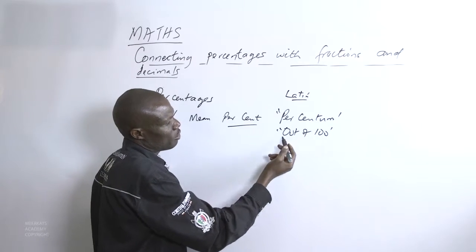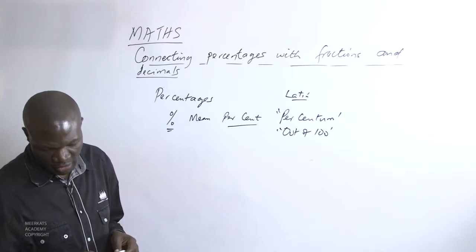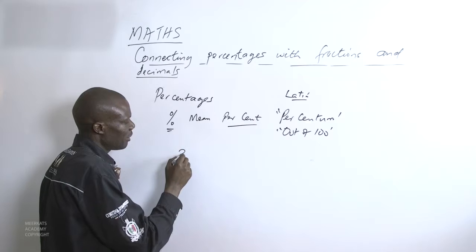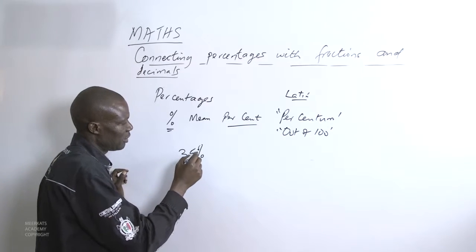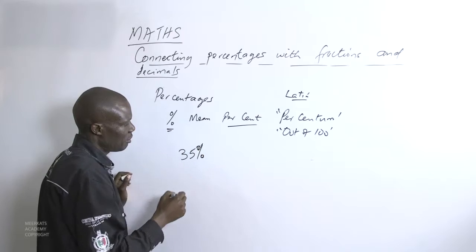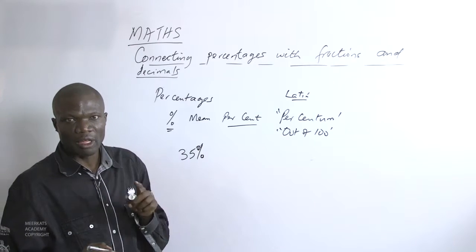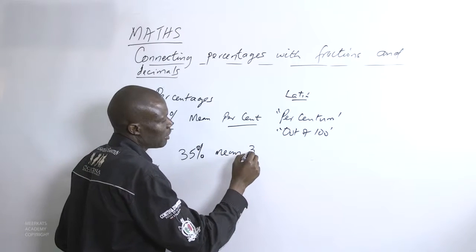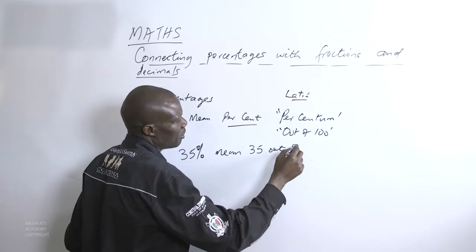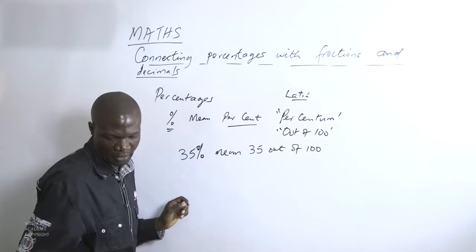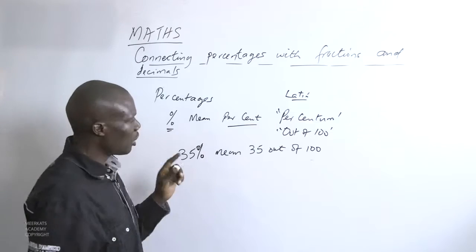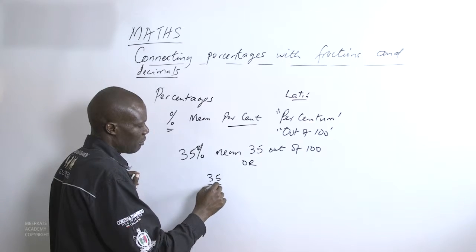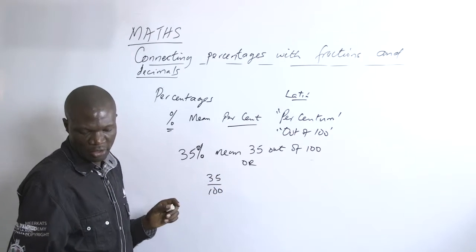Percentum stands for out of 100. For example, we can say 35%. This 35% means 35 out of 100, or 35 over 100.